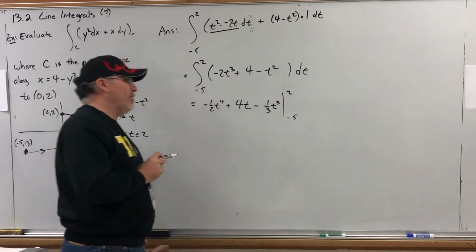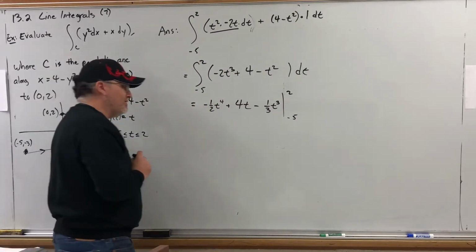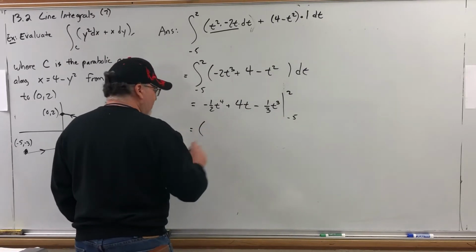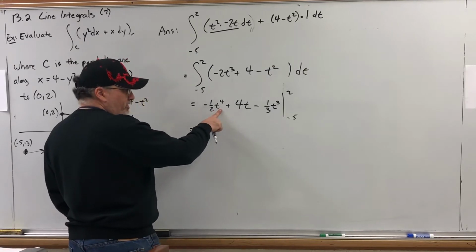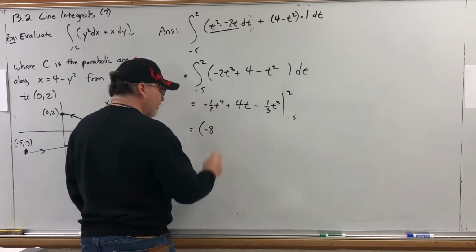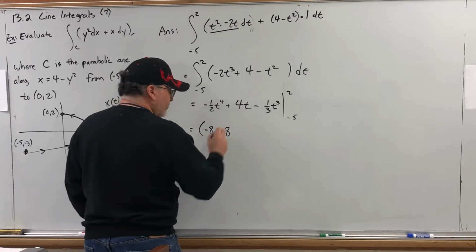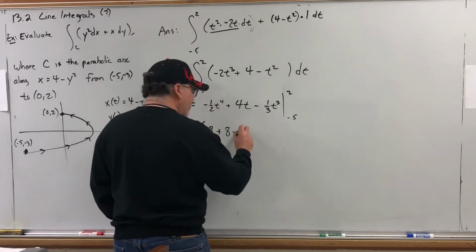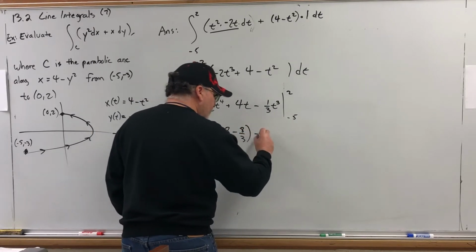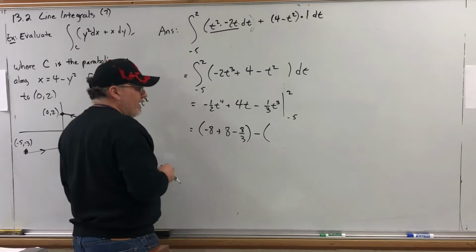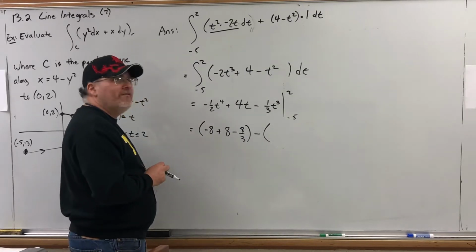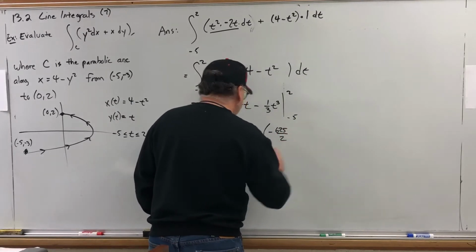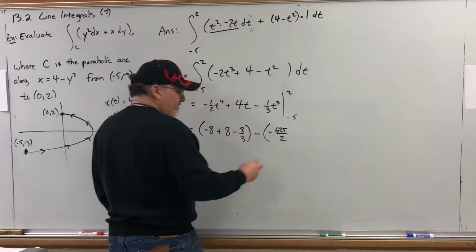I will have to evaluate both limits. Neither one annihilates the antiderivative. So let's substitute the 2. Let's do this efficiently. 2 to the fourth is 16, times negative 1/2 is negative 8. 4 times 2 is 8. Those will cancel. Minus 2 to the third is 8, times 1/3 is 8/3. Minus, negative 5 to the fourth is 625, times negative 1/2 is negative 625 halves. 4 times negative 5 is negative 20.